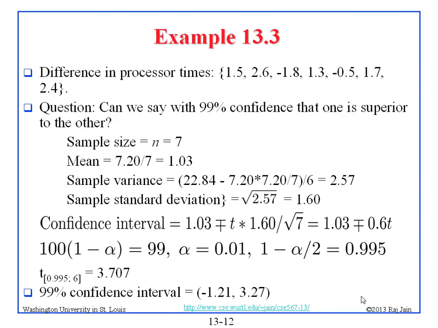Now we need to read at 6 degrees of freedom, and let's say we want to read the 99 percentile. This one is 99% confidence, right? So we read the 0.995 value from the table, and that value comes out to be 3.707.